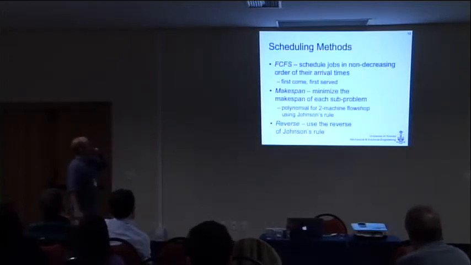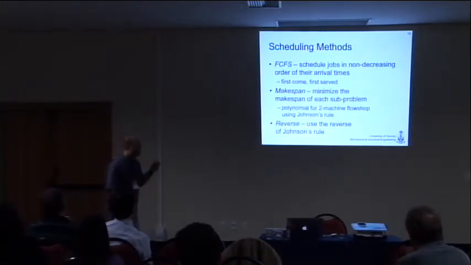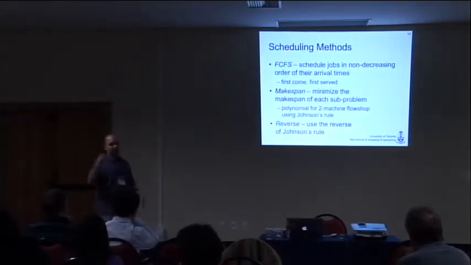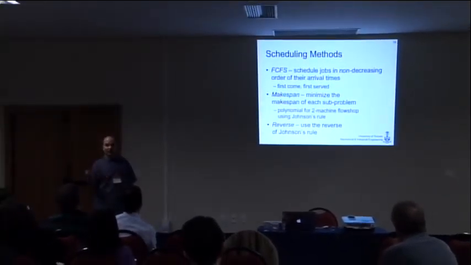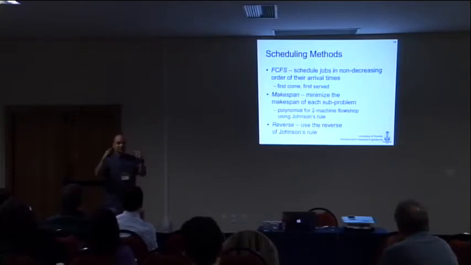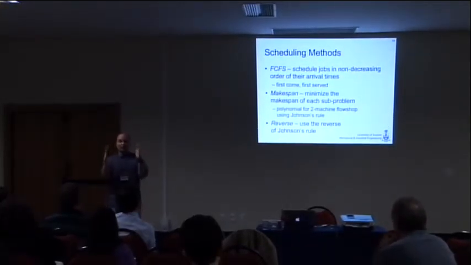Okay, so first come, first serve is one way to do this. It's a kind of a standard first cut queuing thing. We're going to look at the jobs either in the dynamic flow shop or the queuing system and just schedule them in non-decreasing order of their arrival. We can actually do makespan. So from a scheduling perspective, we're going to look at the jobs and we're going to minimize the makespan of that sub-problem.